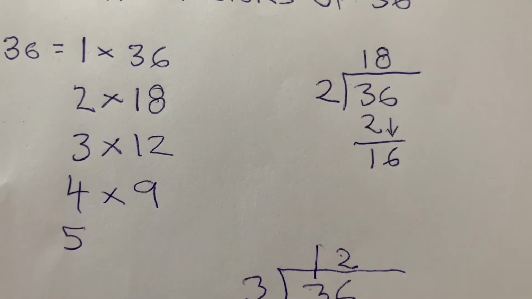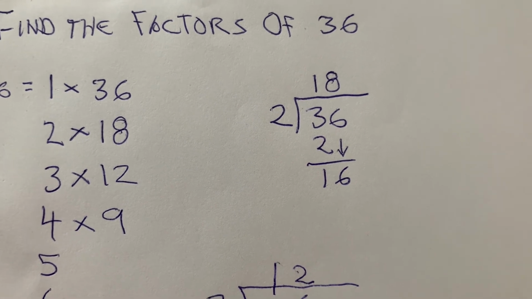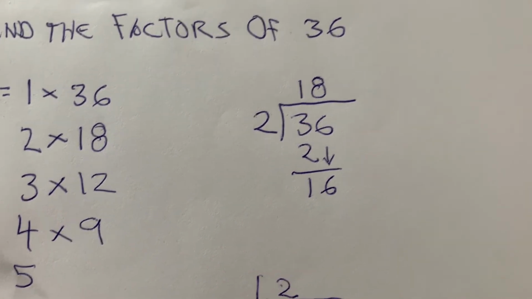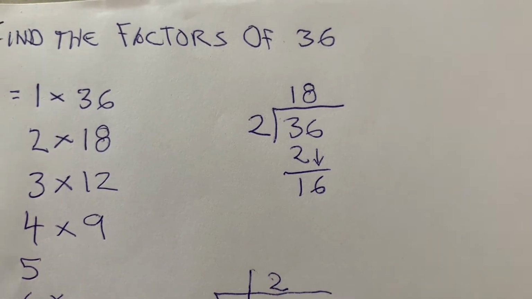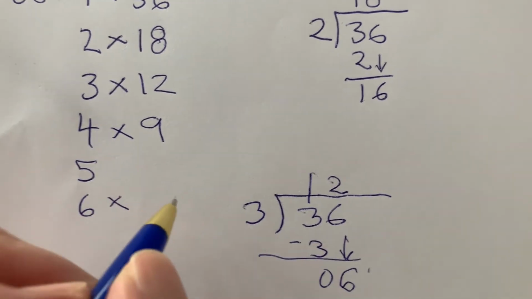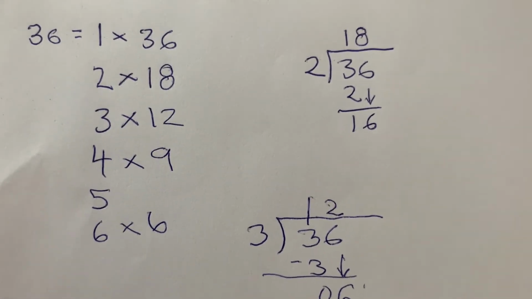We tried 6. So we're going to try 6, and 6 we know from multiplication table, 6 times 6 is 36.